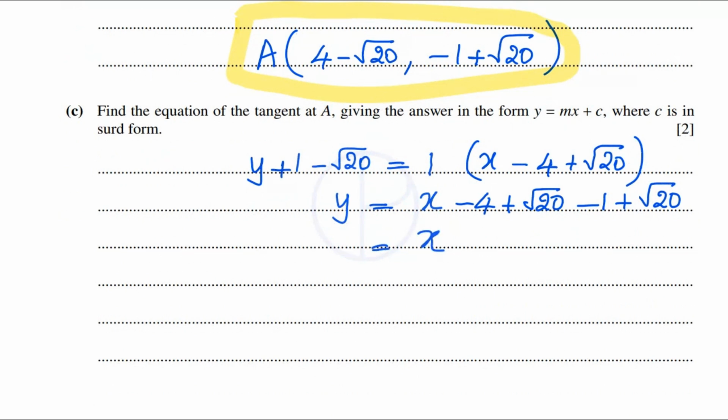So simplify this one. x minus 4 minus 1 is minus 5 plus 2 times square root of 20. So y is equal to x minus 5 plus 2 square root of 20.